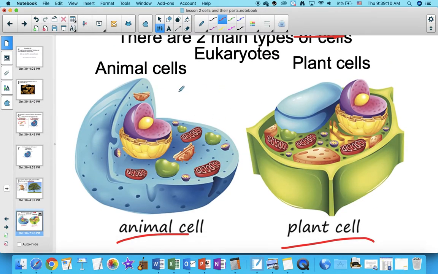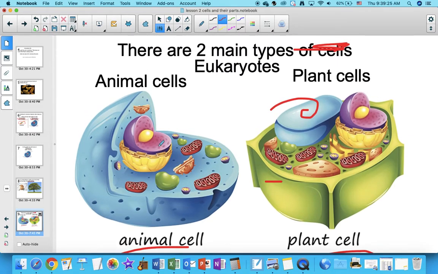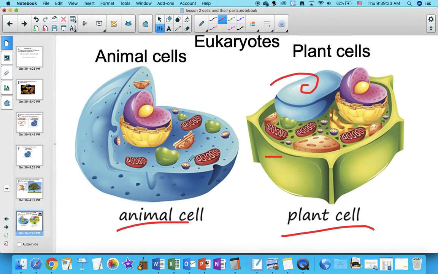They look very similar, but there are some key differences, as you note, here and here. And we'll talk about these differences as we go along. But what you need to know is that there are two main types of cells, eukaryotes and prokaryotes. We'll focus on eukaryotes. Eukaryotes can be divided into two types, animal cells and plant cells.